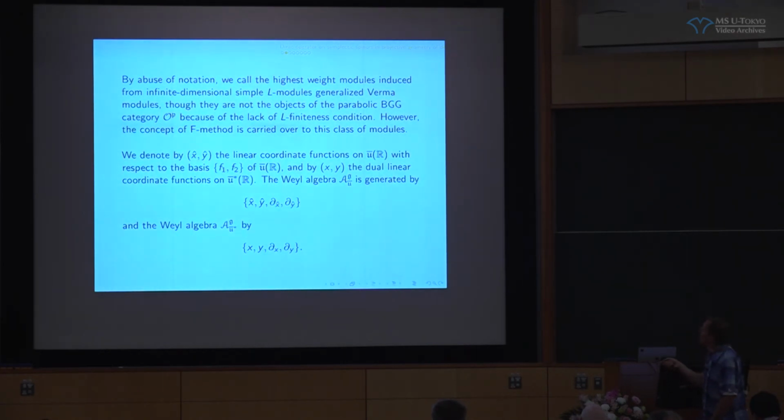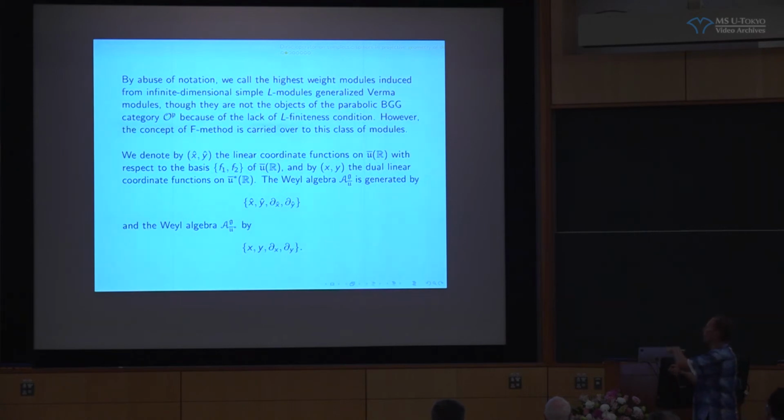So, for example, when taking an infinite dimensional simple module and trying to produce a type of module which is a kind of generalization of generalized Verma module, in fact, this is not an object of the parabolic BGG category O^p because of the lack of L-finiteness condition and so on.